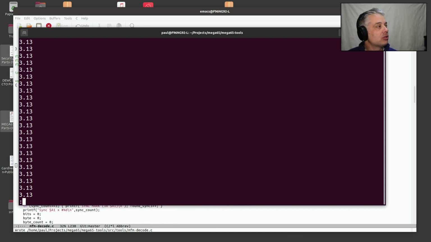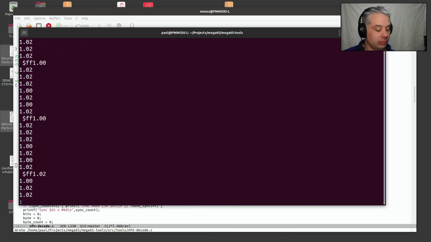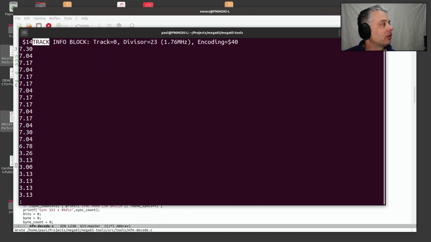So we should then see a sync pulse, and we're not, but we're definitely seeing things that look like they might be data, which is all a bit interesting. So let's come back down to the track header.